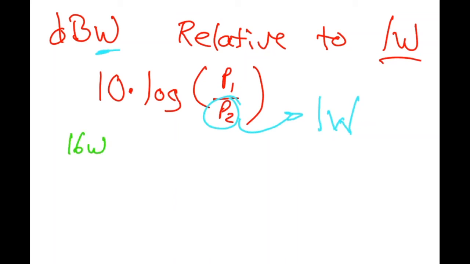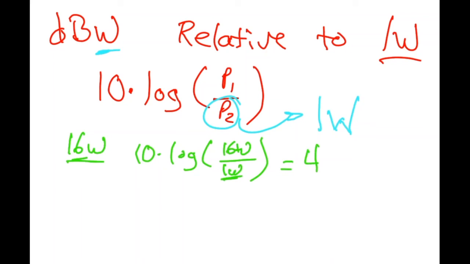If I'm transmitting with 16 watts and I want that power level in dBW, it's just 10 times log of power 1, which is 16. And since I want it in dBW, I'm going to be referencing it to 1 watt. Plug that into our calculator, and we can see that is equal to 12.04 dBW. And so that becomes very simple.